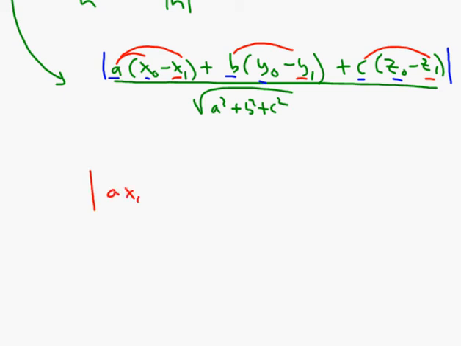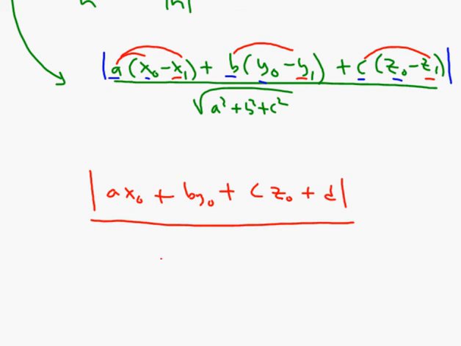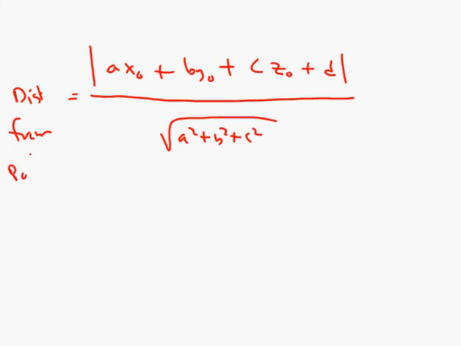I'm going to say the absolute value of a x0 plus b y0 plus c z0 plus d, where d is just going to absorb all those numbers into one constant, divided by the square root of a squared plus b squared plus c squared. And this thing is the distance from P0, the point x0, y0, z0, to the plane ax plus by plus cz plus d equals 0.